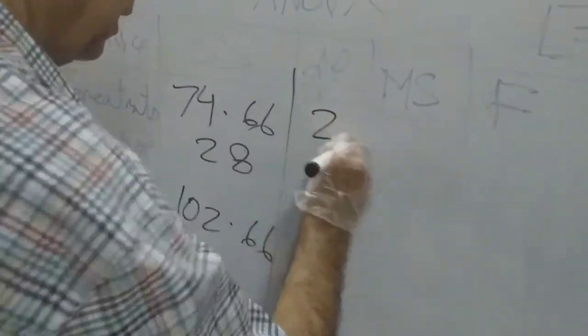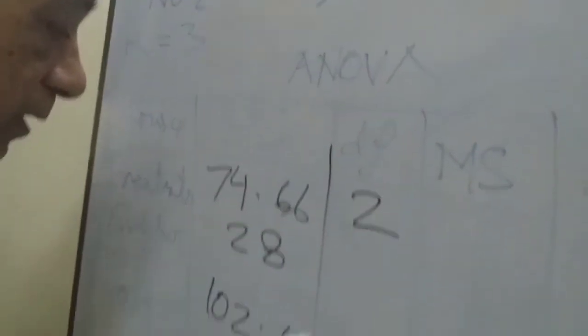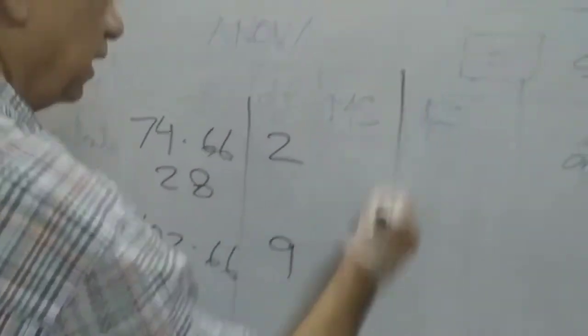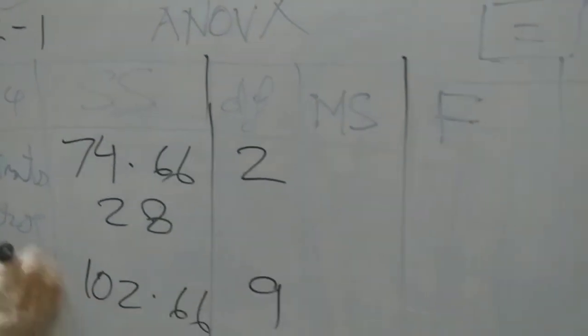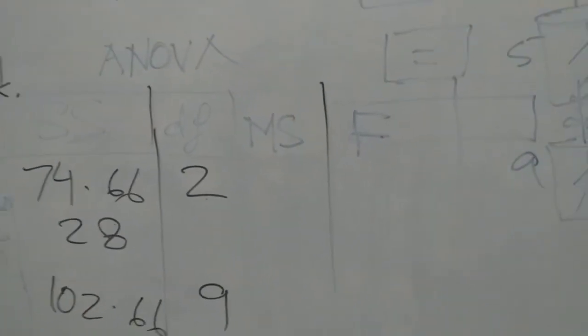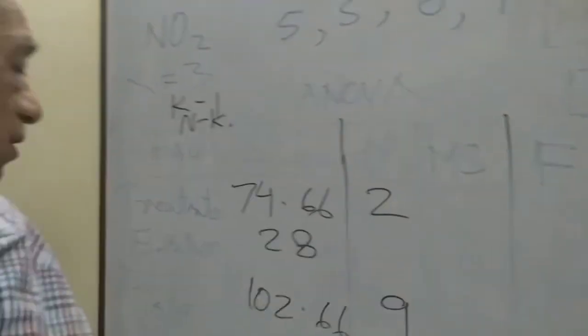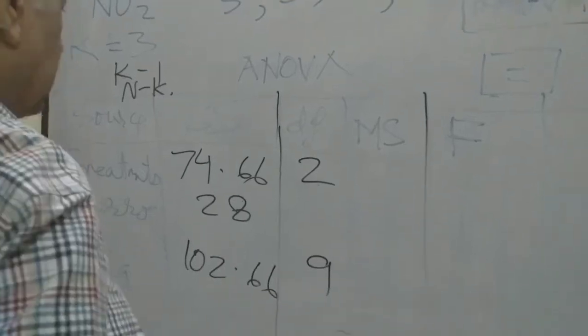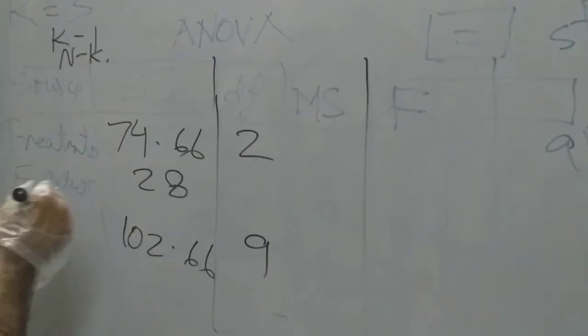Degrees of freedom will be 2 and 9. If we have 3 treatments, so k is equal to 3, degrees of freedom for treatment will be k minus 1. So 3 minus 1 is equal to 2. And the degrees of freedom for error is n minus k. Total number of observations minus k.